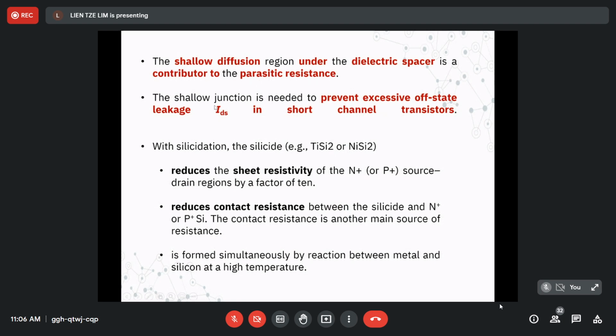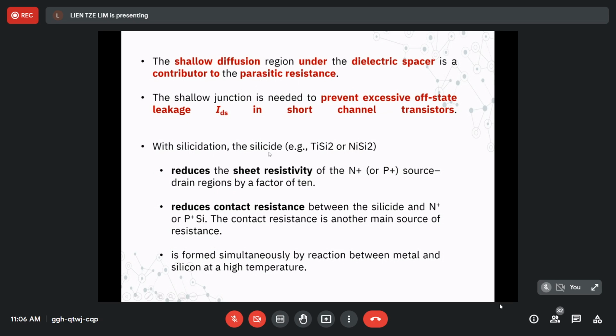The shallow junction is needed to prevent excessive off-state leakage, as in short channel transistors. With silicidation, this is the silicide, with different materials used, it can reduce the sheet resistivities of the N plus or P plus source and drain regions by factors of 10.